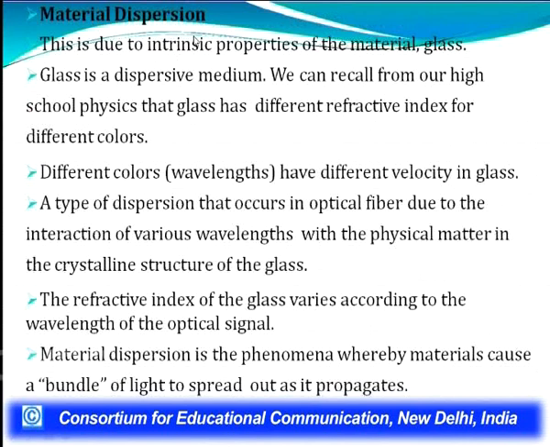Then what is the material dispersion? Here we talk about the intrinsic properties of the material and the glass. Glass is a dispersive medium. We can recall from high school physics that there is a different refractive index for the different colors.